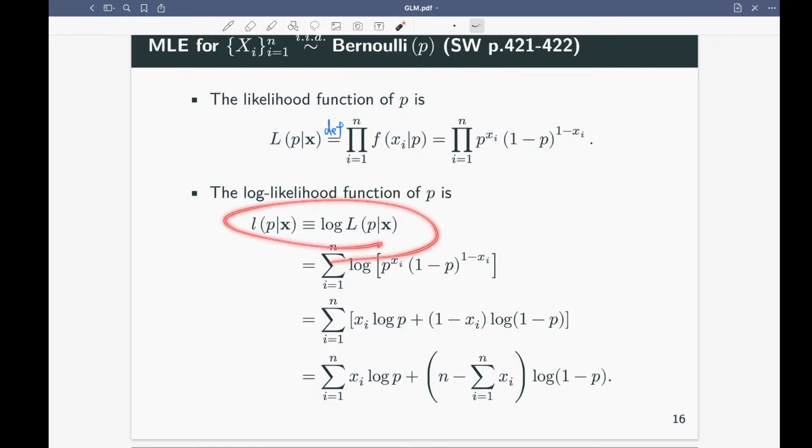So by definition, take a log. The product transfers to the summation here, and have a log.